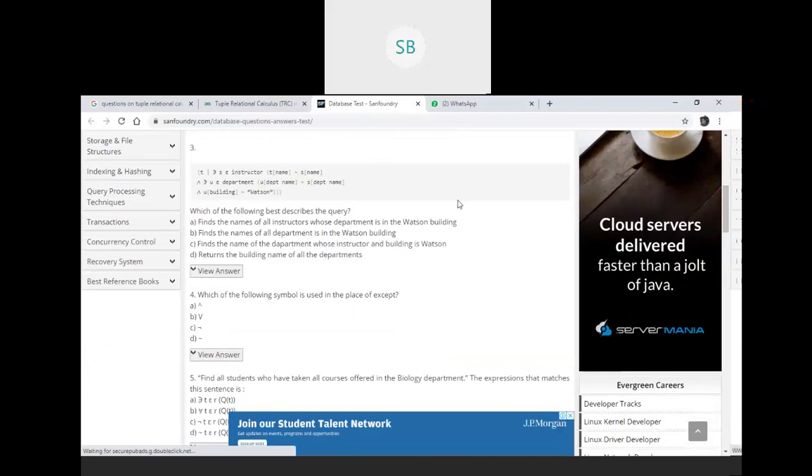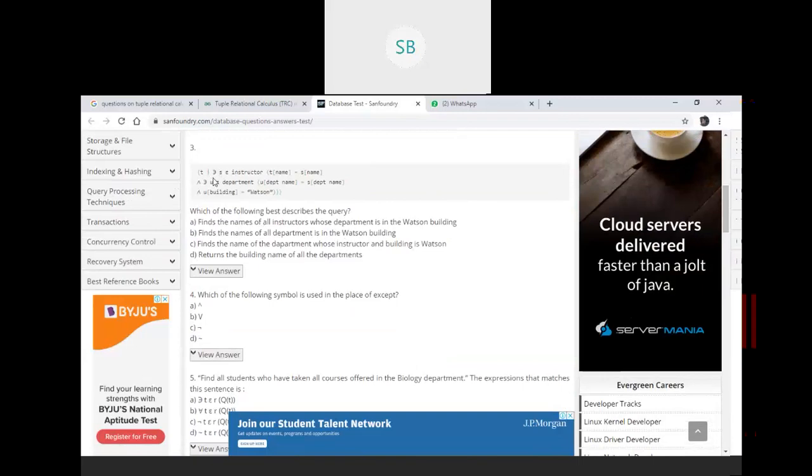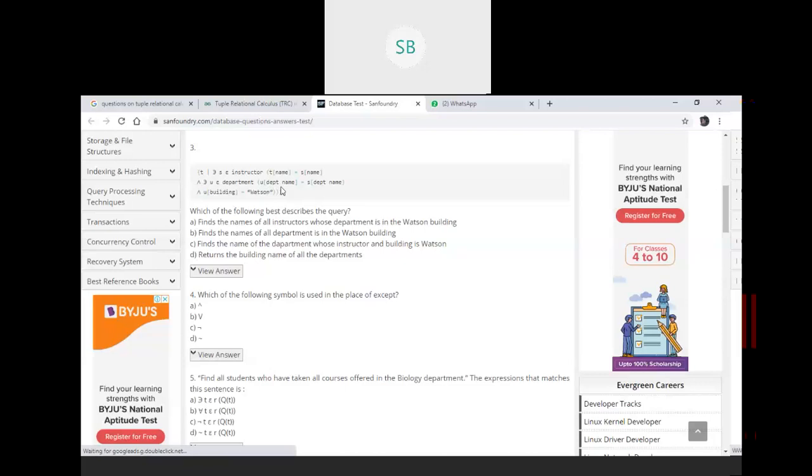Next, go through this query. t such that there exists s that belongs to instructor, t dot name equal to s dot name, and there exists u that belongs to department, u dot department name equal to s dot department name and u dot building equal to Watson.